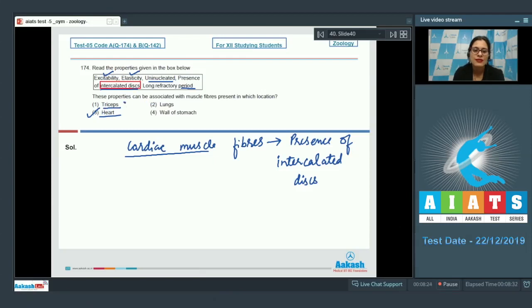Option 1, triceps, is an incorrect option. They have skeletal muscle fibers which lack intercalated discs, whereas option number 2, lungs, and option number 4, wall of stomach, are also incorrect options, as the muscle fibers present in these locations also lack intercalated discs. So the correct answer to this question is option number 3. Let's move on to the next question.